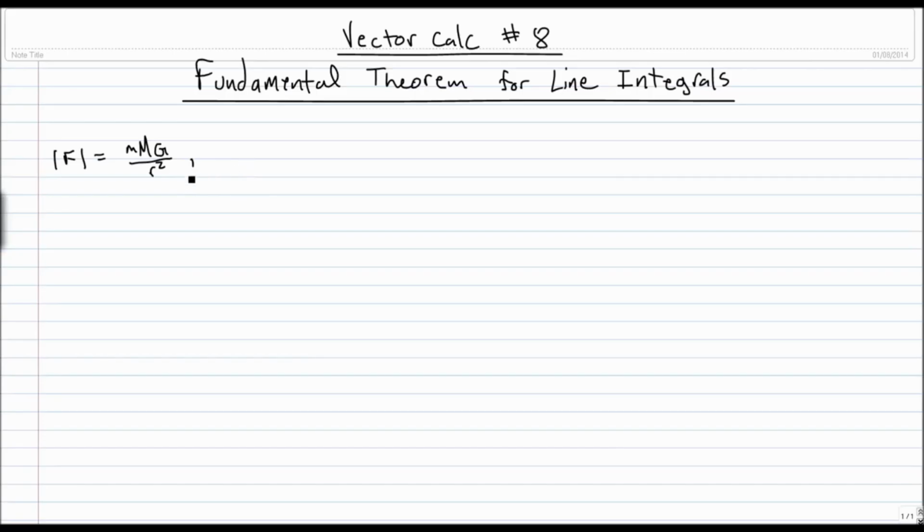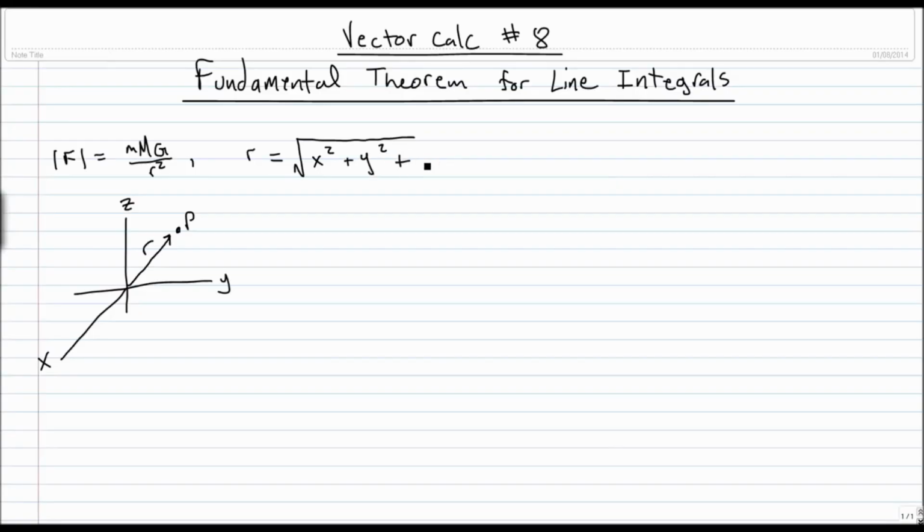Well, if we were to extend this concept into three-dimensional space, then r would be the distance from the origin to some point. So that would be the distance formula, the square root of x squared plus y squared plus z squared. And this is just the magnitude of the force.